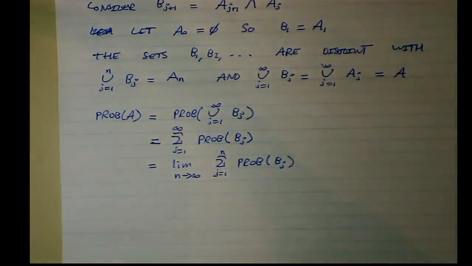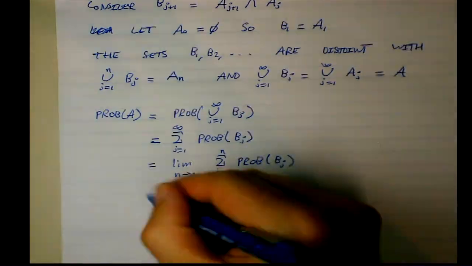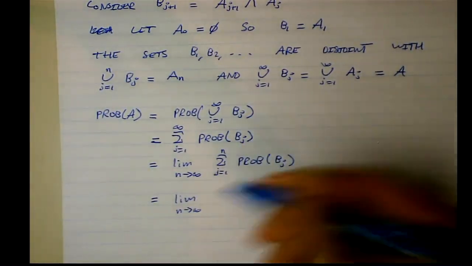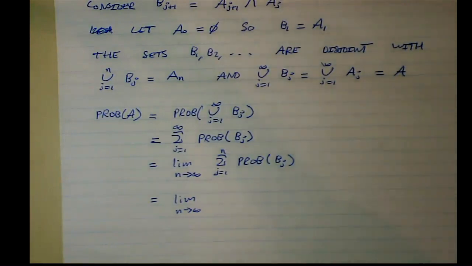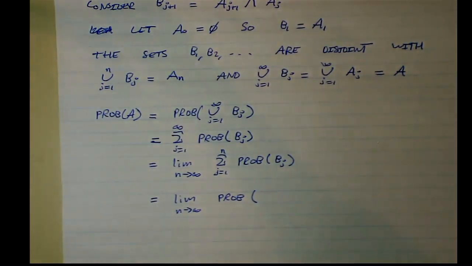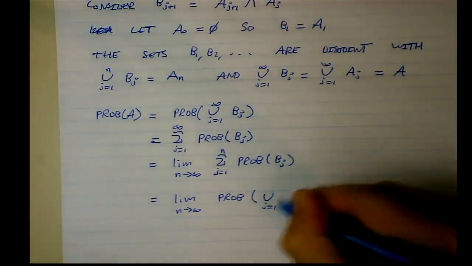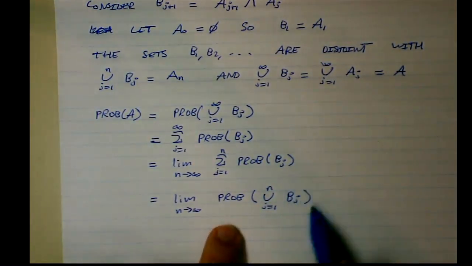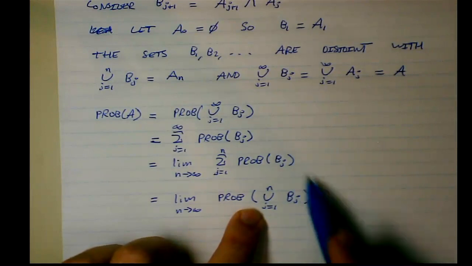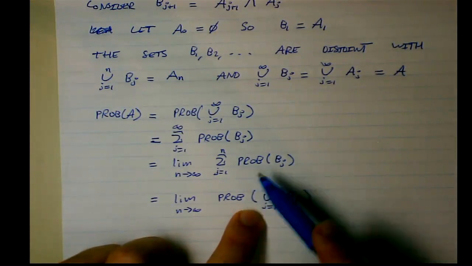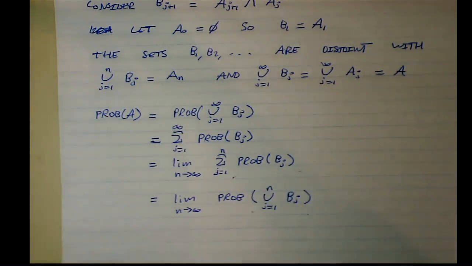Now keep the limit, and what we have is the probability of the union j equals 1 to n of Bj. From this line to this line, again, we're using that the Bj's are disjoint. We're going backwards this time. The sum of the probabilities is the probability of the union, because they're disjoint.